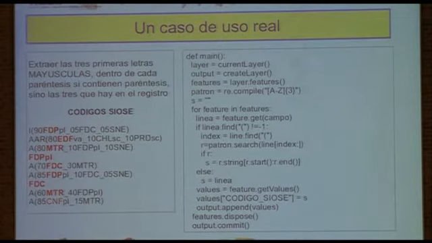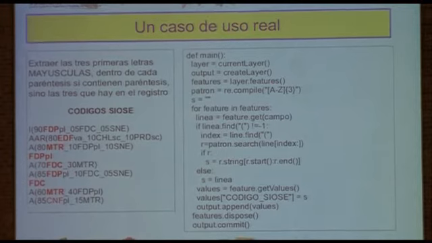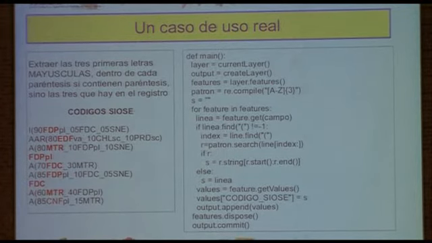gvSIG has a filter tool, but it is not really doing what the user was expecting. On the right, you see the code that might solve this problem. It's a kind of a trick because it requires a series of parameters, and those parameters are defined in another place.